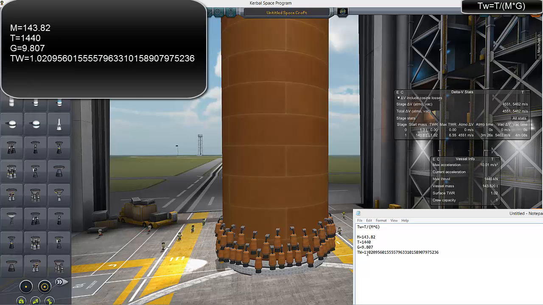So if it's at 1G, then this thing's still going to go up. If you're trying to escape a 2G world, a 2 times gravity world, and this is 1.02, it's not going to move at all. So you can also manipulate that.